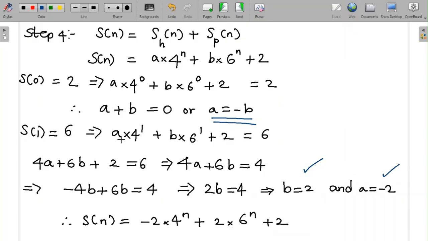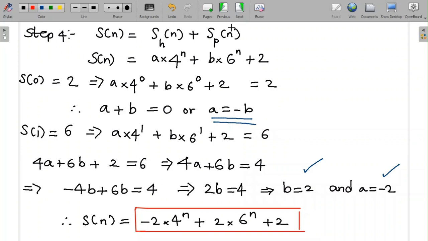Therefore, we have the complete solution of the recurrence relation. It is of this form where we have negative 2 times 4 power n plus 2 times 6 power n plus 2 as the closed form expression of the recurrence relation. So the closed form expression takes this particular definition here.